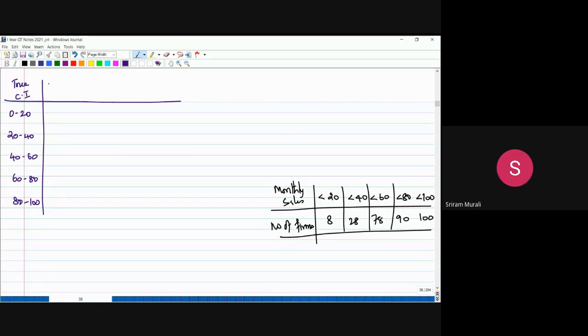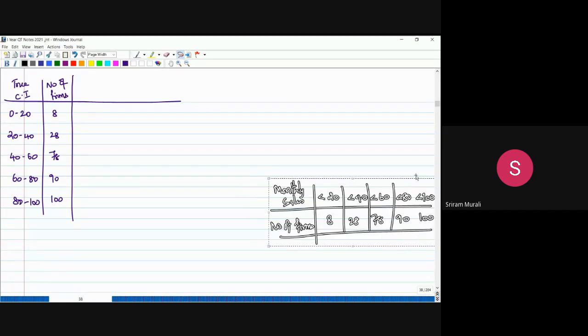Next we are given with the frequencies. It is 8, 28, 78, 90, then 100. So this is not required now.